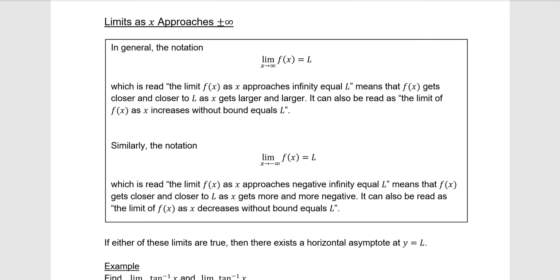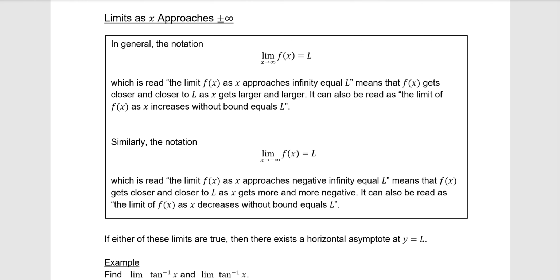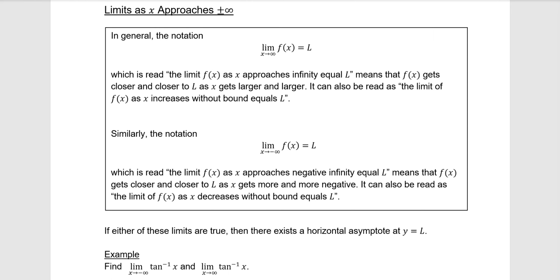Now here we have the generic notation so we have it all in one spot. The first one, the limit of f of x as x goes to infinity, we can read the way I've been reading it. It also can be read as the limit of f of x as x increases without bound.